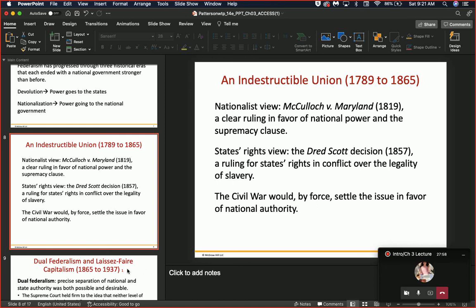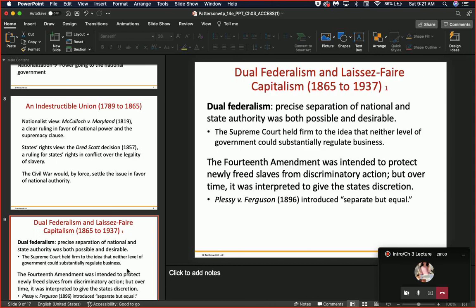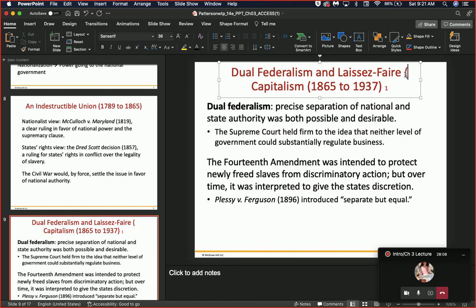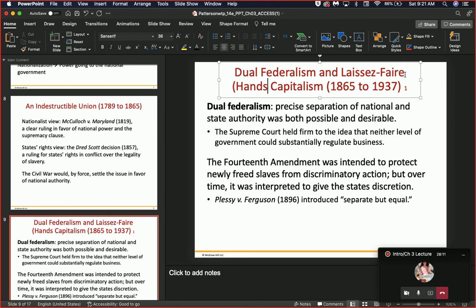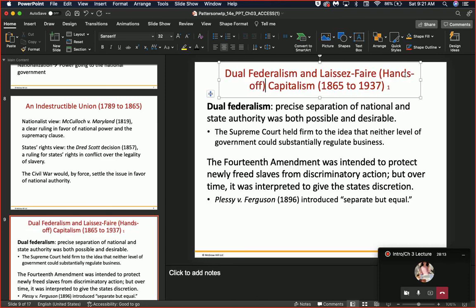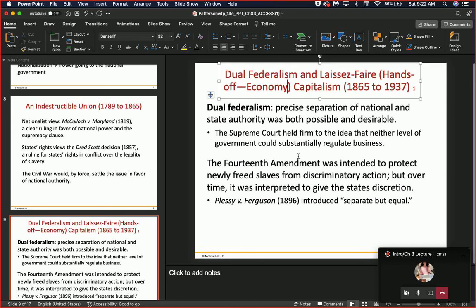Okay? So, dual federalism and laissez-faire and capitalism. So when you see this word laissez-faire, remember that that means hands off, and that's referring to the economy, okay? And then capitalism. So dual federalism is a precise separation of national and state authority, okay?